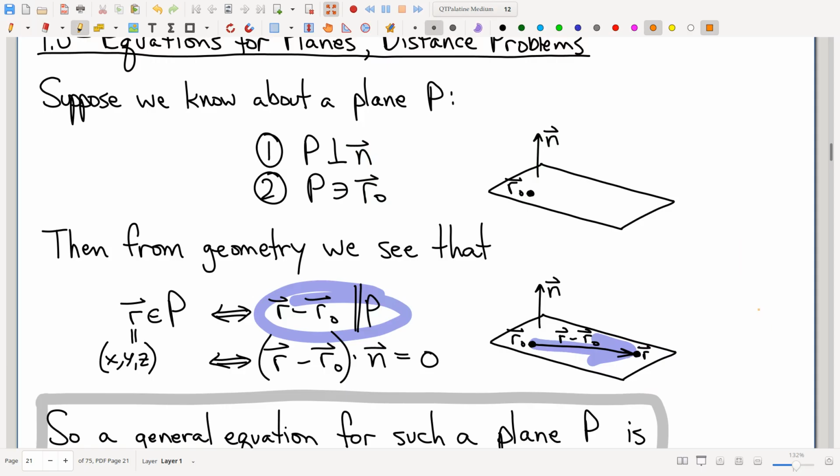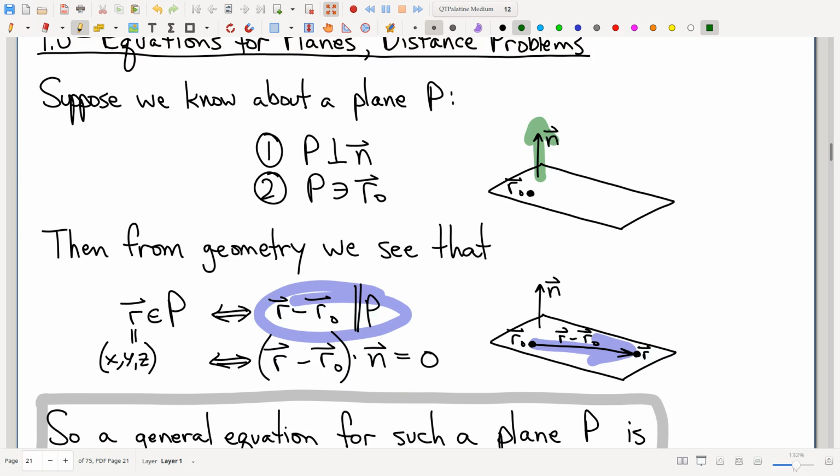Our test is to look at that difference and see if it's parallel to the plane. Notice that the given normal vector is perpendicular to the plane, so this is parallel to the plane if and only if it's perpendicular to the normal.